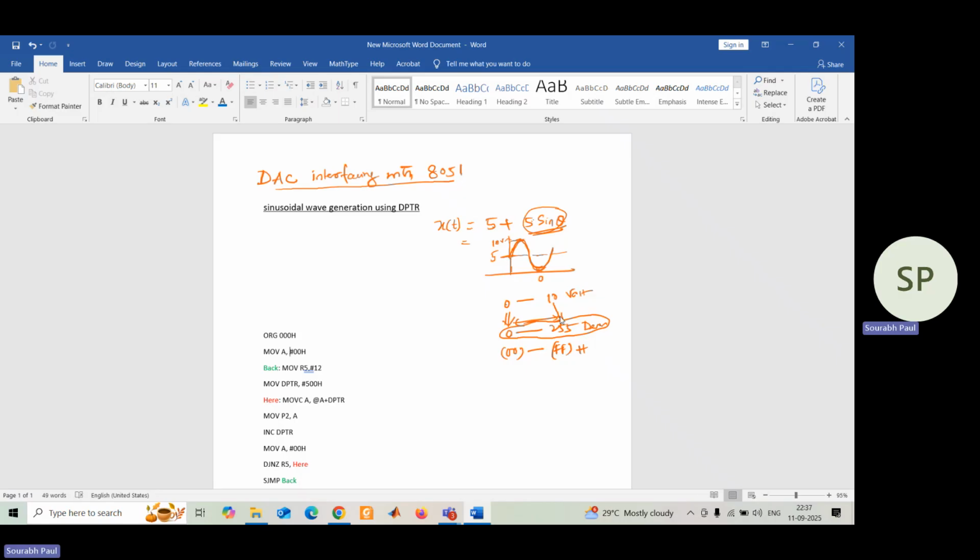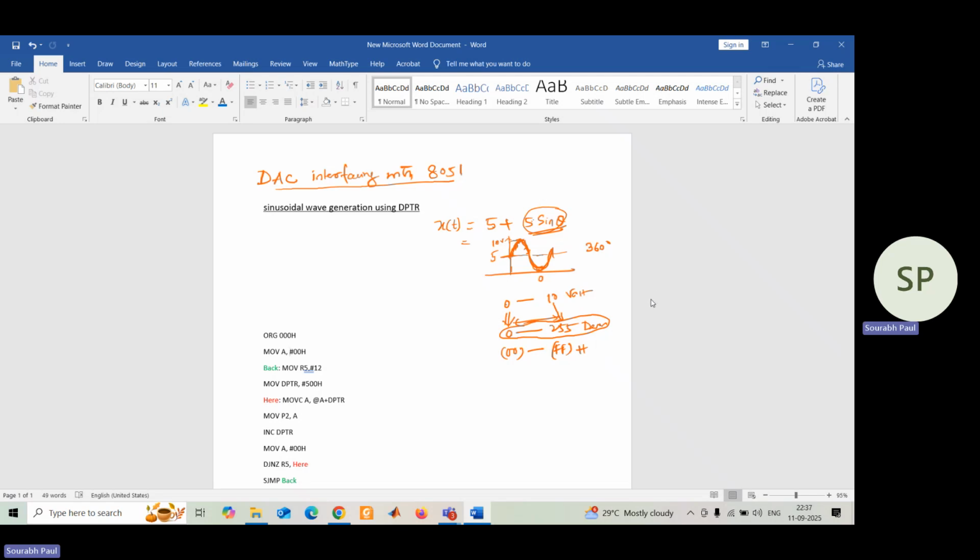Now, what we can do is take one entire cycle of a sine wave or cos wave, which covers 360 degrees. If we take 12 such samples and save the corresponding discrete values in my lookup table, and call each of these values one after another using DPTR, then I can easily get this sinusoidal signal.